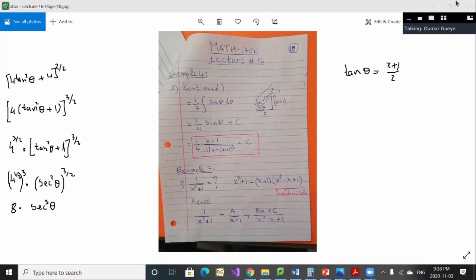You know sine is equal to opposite side over the hypotenuse. The opposite side is x plus 1, and the hypotenuse is square root of 4 plus x plus 1 squared. And this is my sine of theta obtained from the right triangle, plus the constant c. And we're done.